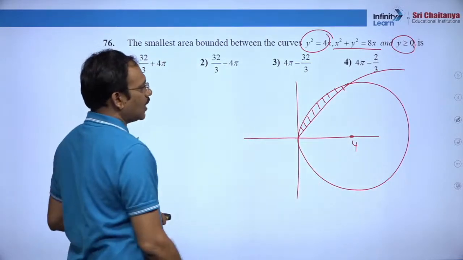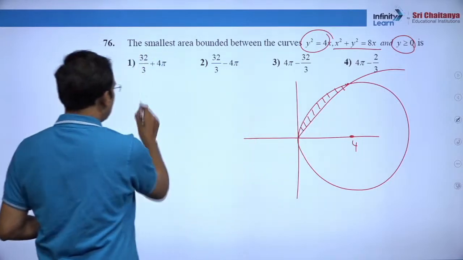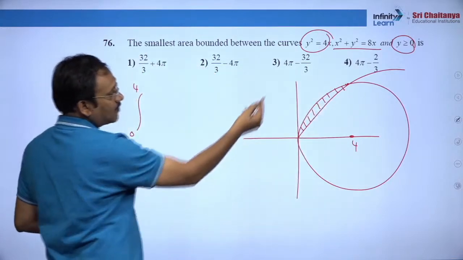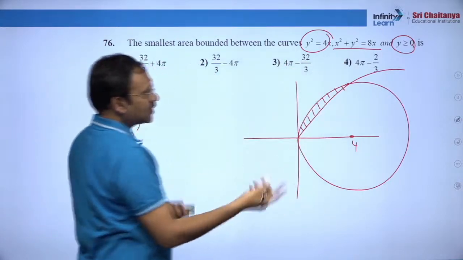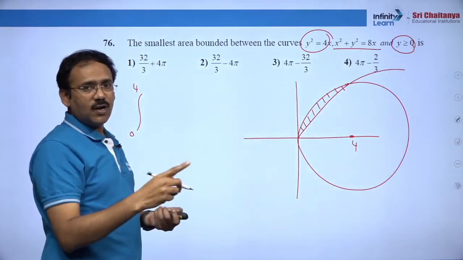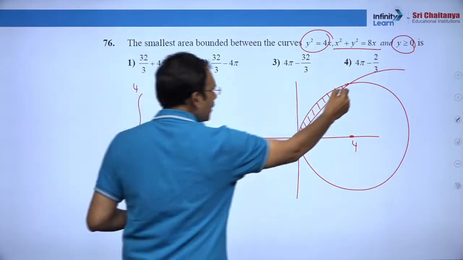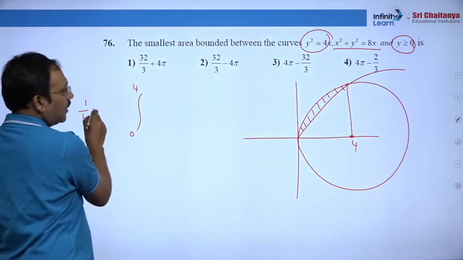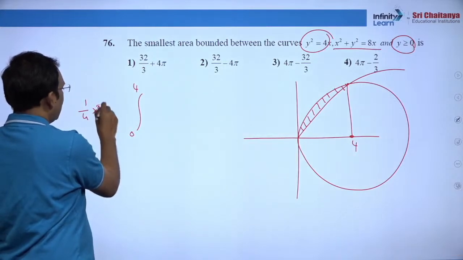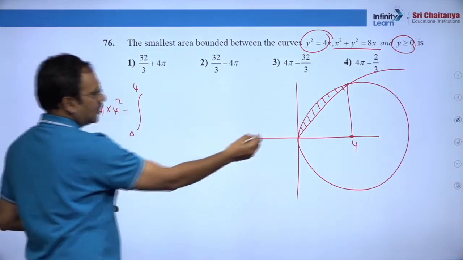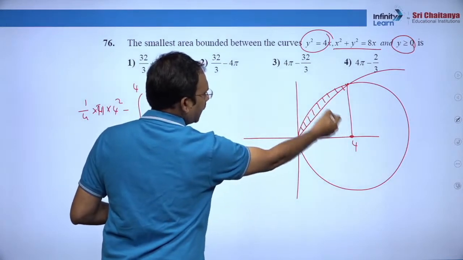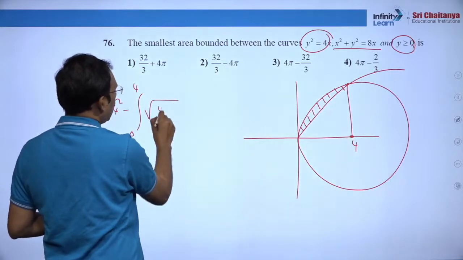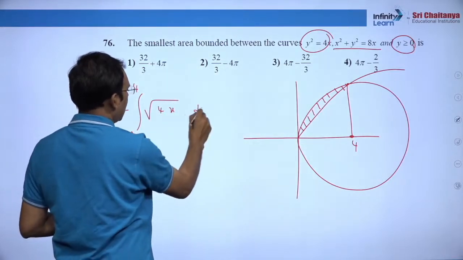Okay. So here what you can do is, in fact I need to find integral 0 to 4 of upper curve minus lower curve. The upper curve, the circle, written in terms of y, is root of 8x minus x², which is lengthy. You can find this area as a sector, which is 1/4 of the area of the circle, πr², minus this area here, that is integral 0 to 4 of y, which is nothing but root of 4x, am I correct, dx.